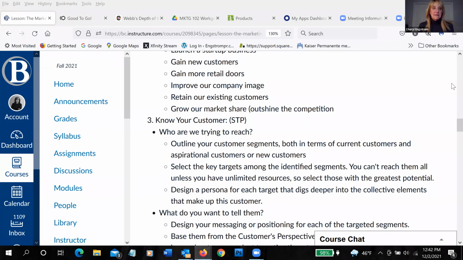So content is as important as visual. I think you've probably heard the term when people are talking about food, you eat with your eyes first. The same thing is true of presentations.